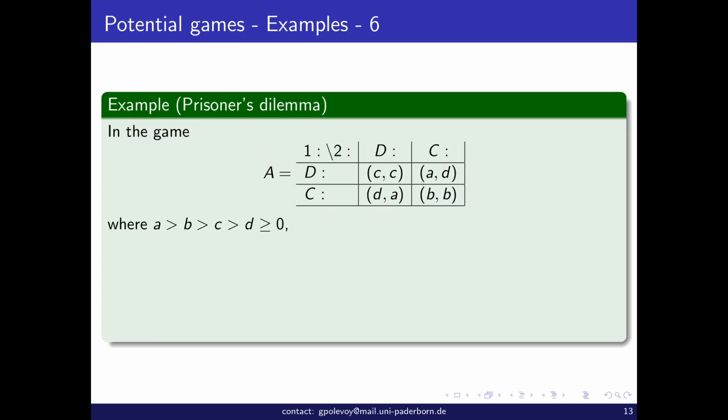So that direction is known. Another example of a potential game, our old friend, the prisoner's dilemma. So I'm now writing it in a parametric form.